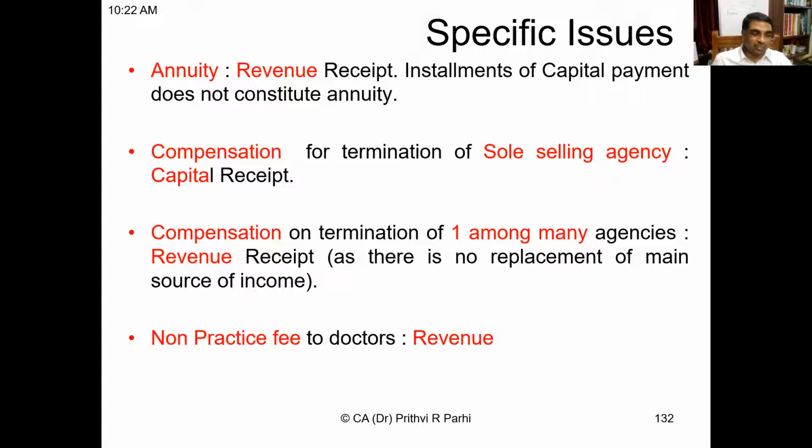If a capital asset is transferred and received in installments, that should not be regarded as an annuity. That will be treated as a capital receipt, and whether it is taxable or not depends on whether it is specifically included as income or not.